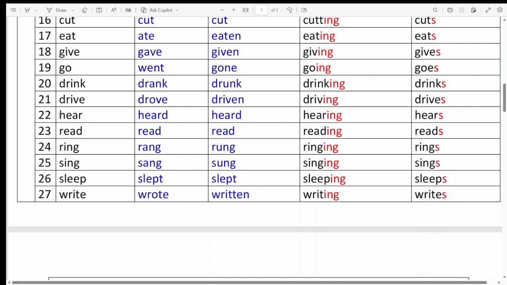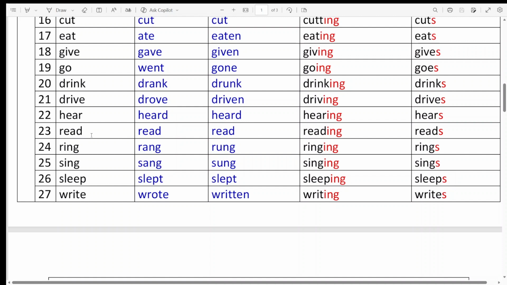So what about R-E-A-D, read? This read too is an irregular verb. And the second form also has the same spelling, R-E-A-D, and so has the V3, R-E-A-D. But we read them differently.